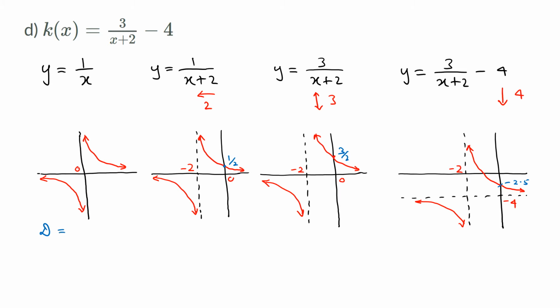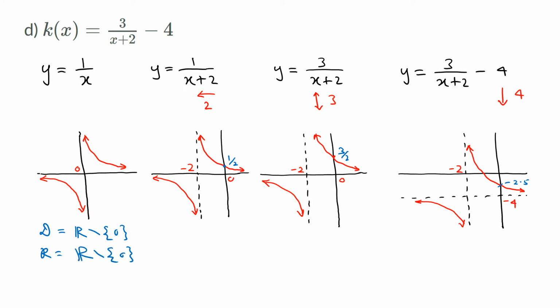You can plug in everything except 0. So you can write this as all real numbers except 0. So that is one way to write it. And then the range, you can see it never becomes 0. So it's all real numbers except 0.